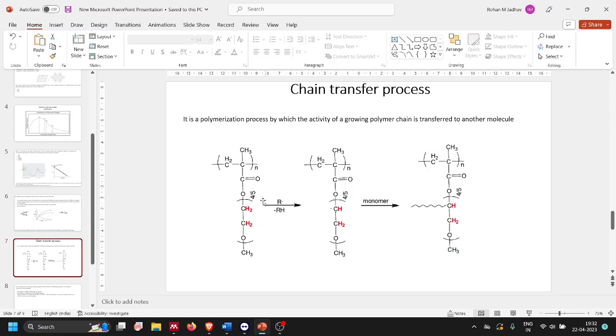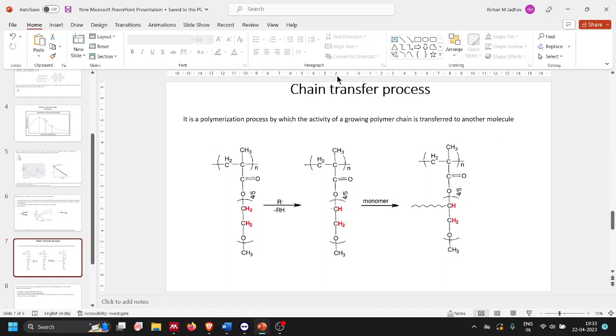When it interacts with the A molecule, the monomer, it transfers its growth activity to the other chain. That is the basic definition of chain transfer polymerization, where the activity of a growing polymer is passed on. For example, you have a monomer which is growing, adding more monomers to it and forming a long chain. It halts itself and passes on that activity to another monomer or another chain, another molecule basically.